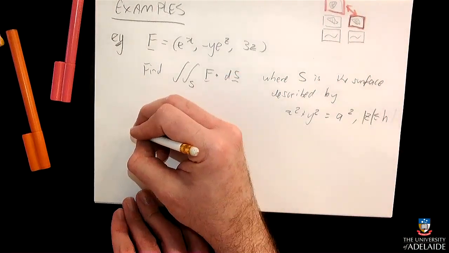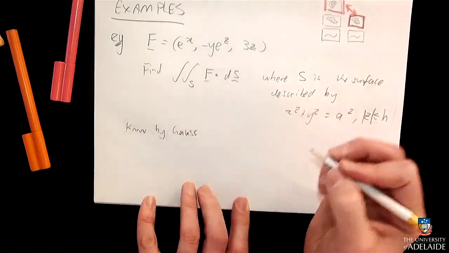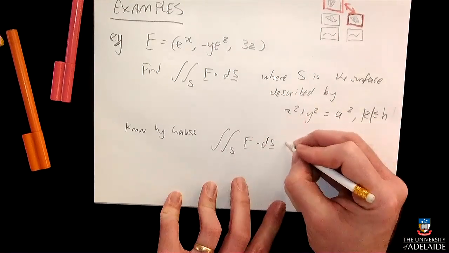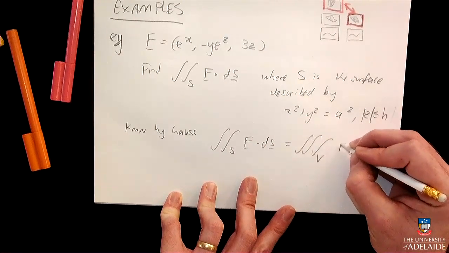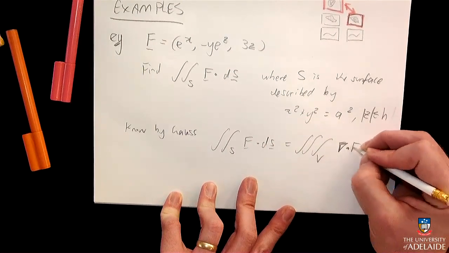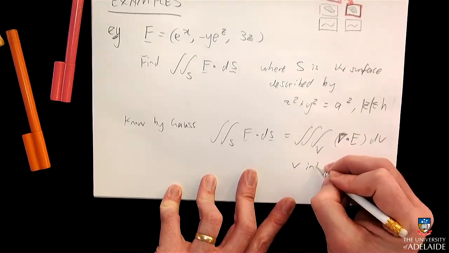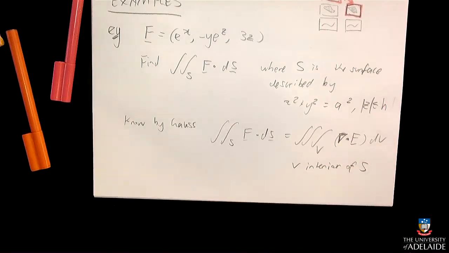So we know by Gauss's divergence theorem that the double integral over S of f dot dS is the triple integral across V of the divergence of f dV, where V is the interior of the surface S. That's what we know. So instead of calculating the thing directly, we're going to calculate it using the divergence theorem.